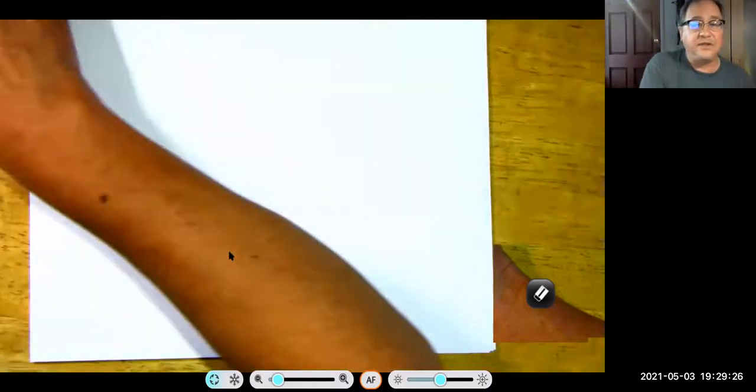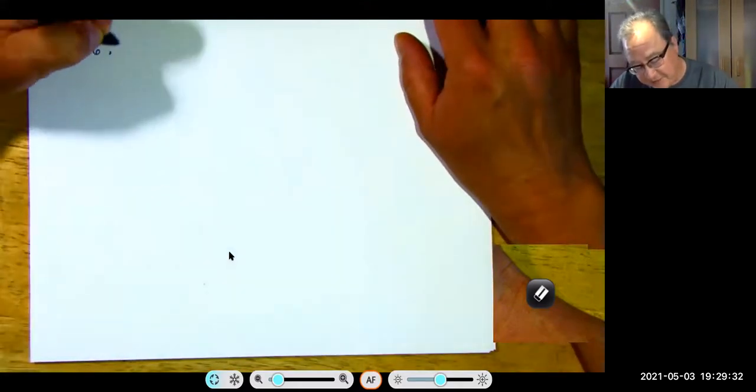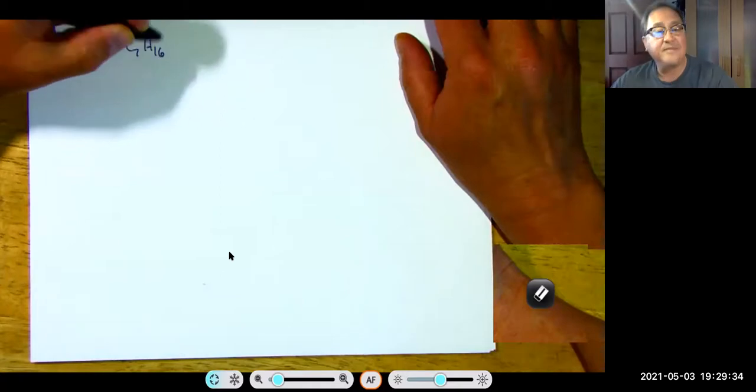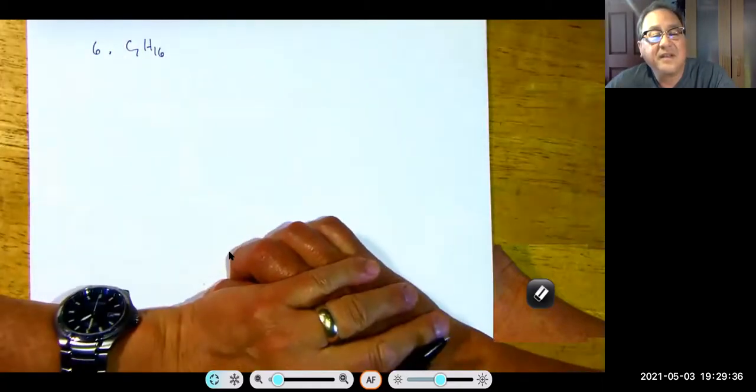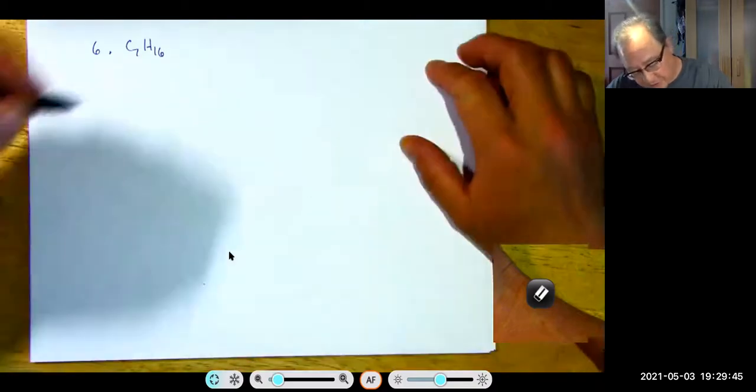Okay, so we did 4 and 5. How about 6? C7H16. Line drawings for the 5 isomers that have a parent chain of 5 carbons. So how do we do this? Well, we start with 5 carbons.